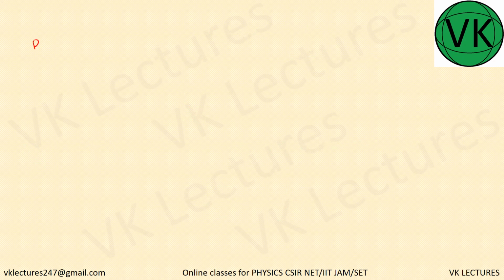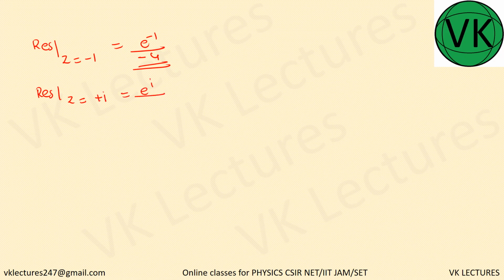Then residue at z is equal to minus 1 is equal to e raised to minus 1 divided by minus 4. Then residue at z is equal to plus i is equal to e raised to i divided by minus 4i. Then residue at z is equal to minus i is equal to e raised to minus i divided by 4 of minus i cube, which is e raised to minus i divided by 4i.